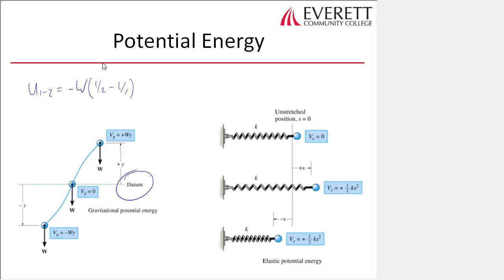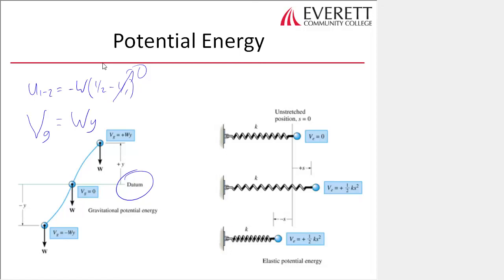That's going to make our y1 0. And then we can say potential energy, which they use a V for. Yeah, I know. Potential energy of gravity is just going to be equal to Wy.